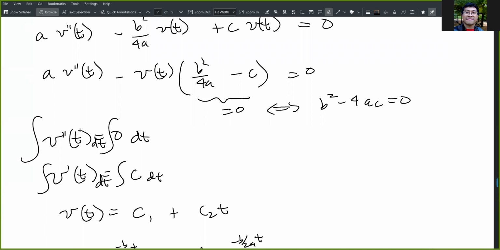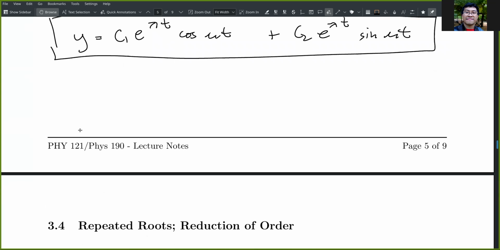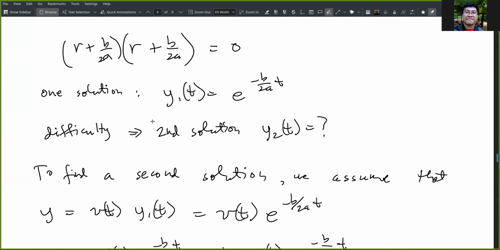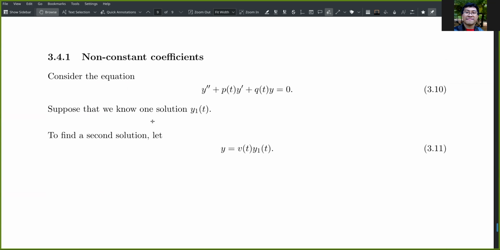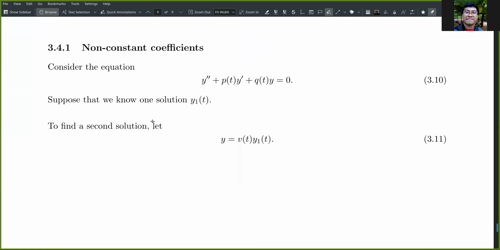Let me return to that. So what we did here for repeated roots, we apply to this equation, a second order homogeneous differential equation. The coefficients are not constants, so they're a function of t.